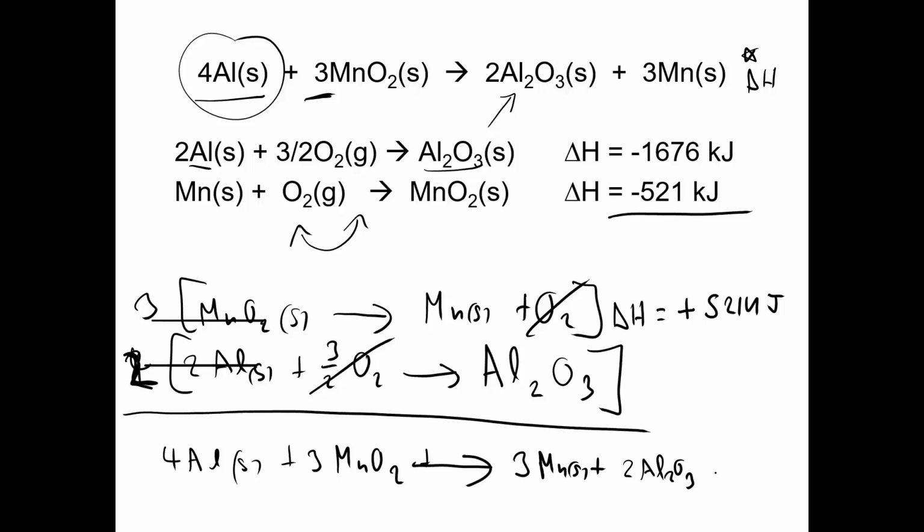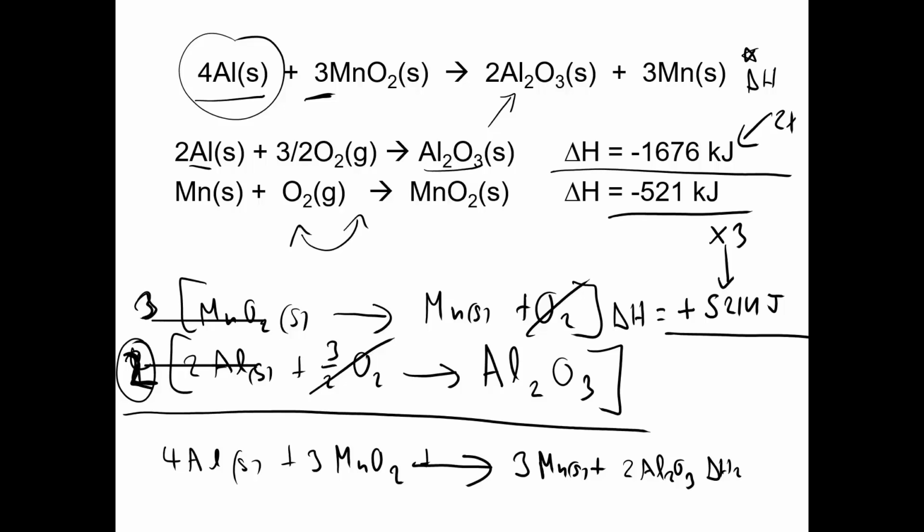and 2 Al2O3. And if I now want to know what the delta H is for that reaction, I need to take this value times 3 and this value times 2. I had to multiply that reaction by 2, so I need to multiply that by 2, and this reaction by 3, so I multiply this by 3.